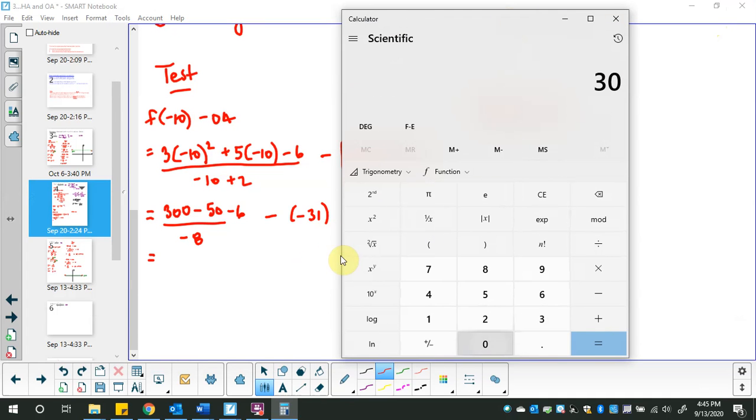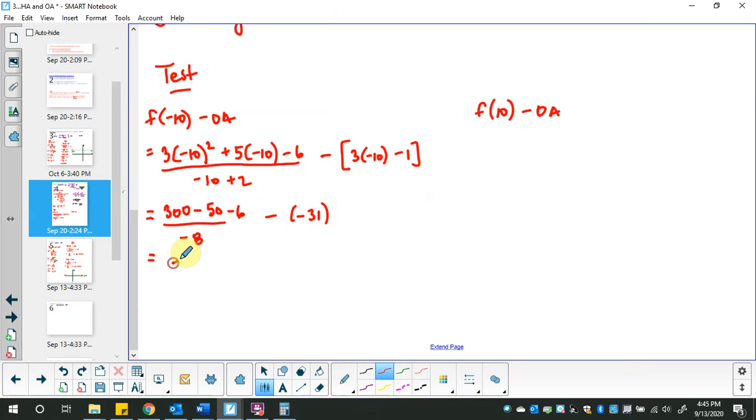So 300 minus 50 minus 6 is equal to 244. And 244 needs to be divided by negative 8. And then I have to add, because subtracting a negative is the same thing as adding, 31, and I end up with a positive answer, which means above. Remember that that does not guarantee that we are alternating.